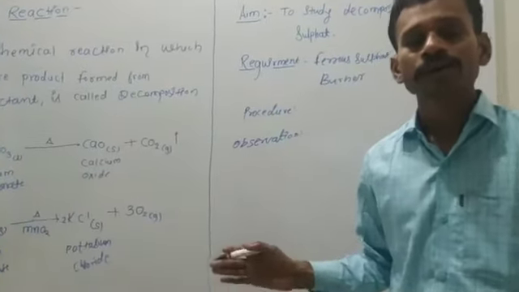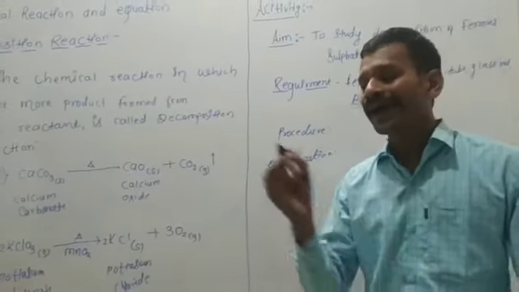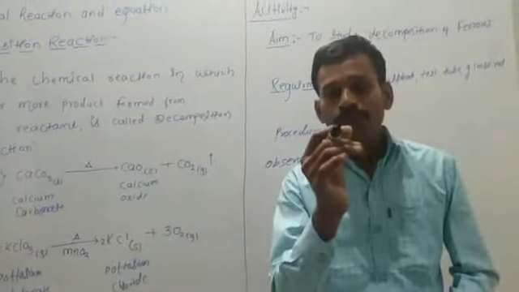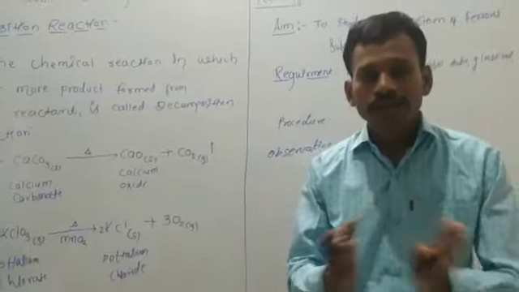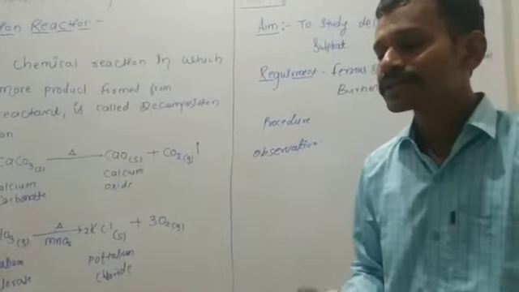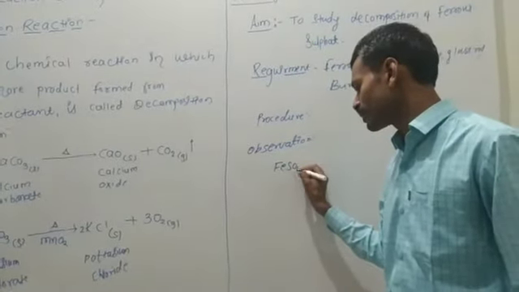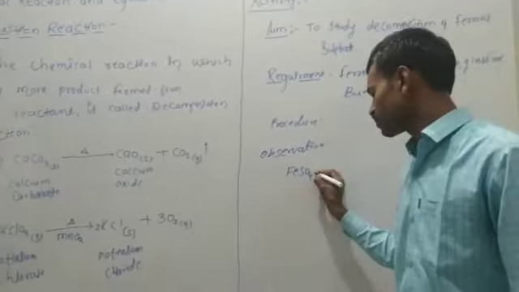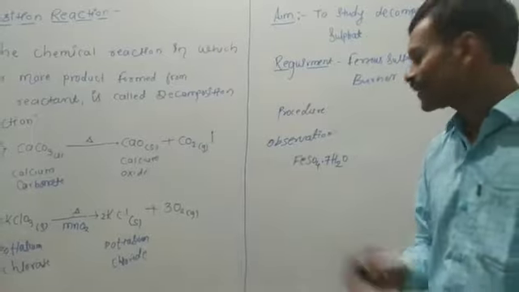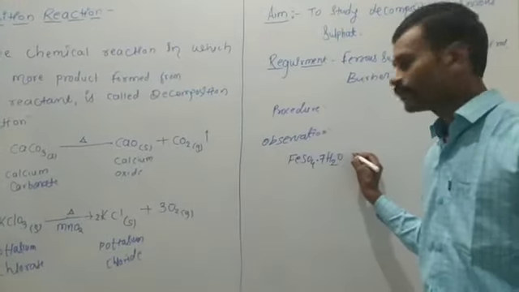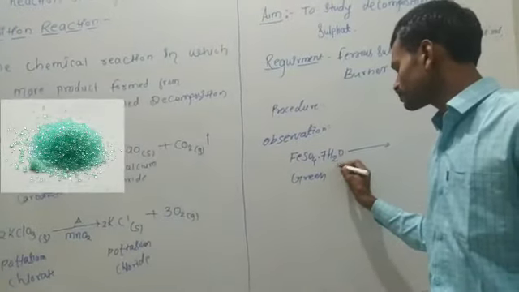Removal of water takes place at the time of heating, and it forms ferrous sulfate, and a liquid is also separated in this reaction. Hydrated ferrous sulfate, FeSO4·7H2O, is the green color.